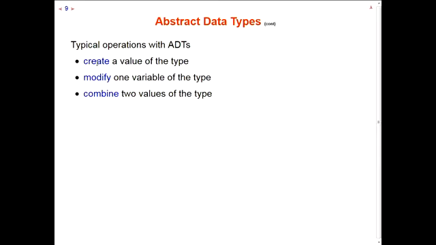We might want to push an element onto that stack, which would be modifying one variable of the type. That doesn't happen too often, that you combine two stacks with each other, but if you think of other more complex types like matrices, then you often combine two values of the type. You multiply two matrices with each other to obtain a third matrix.